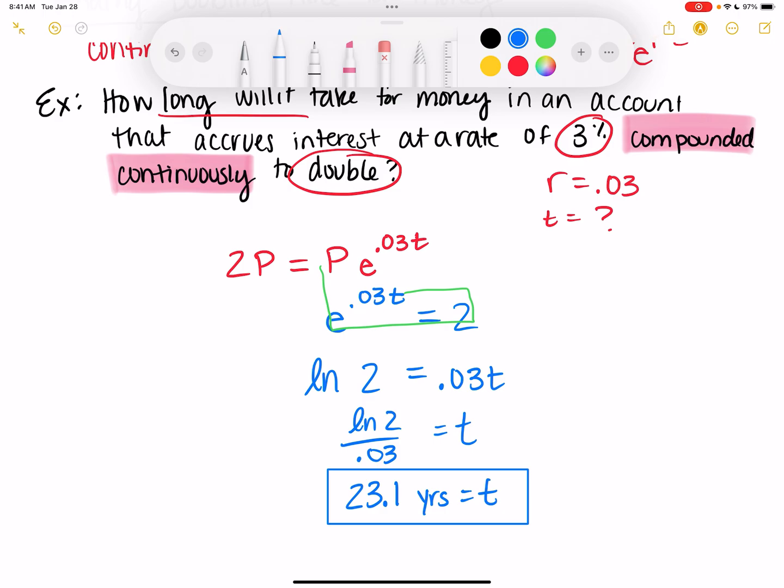So if you put $1 into this account, it would take 23 years for you to get 2? Or would it be? Well, we can actually check. Let's see.